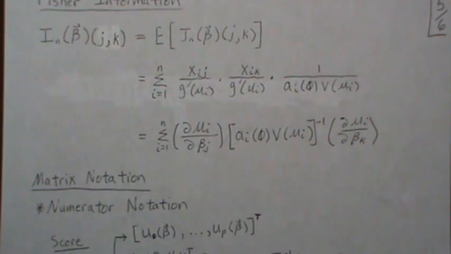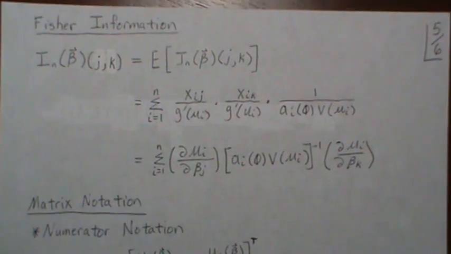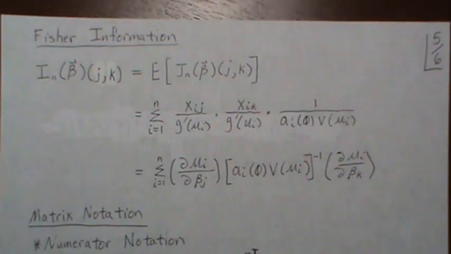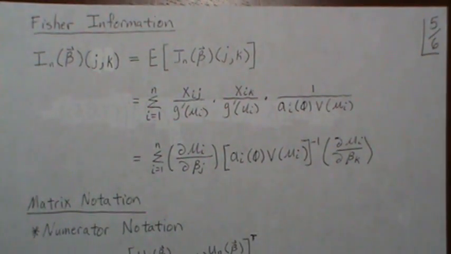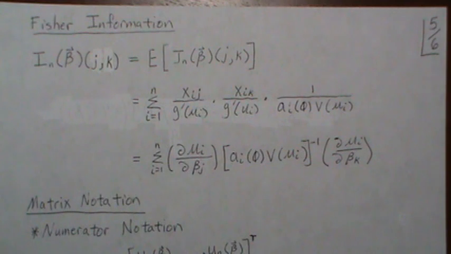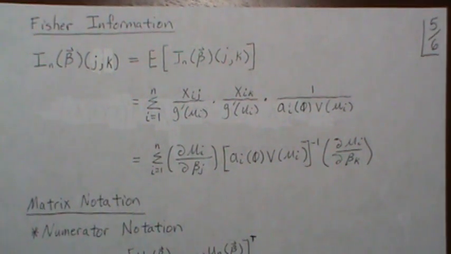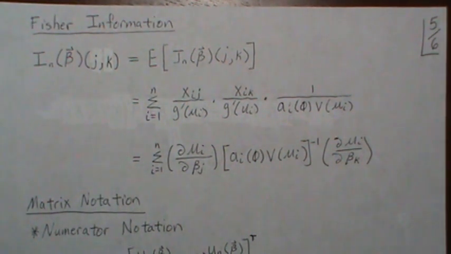Now let's find it in matrix notation. If I can do nothing for the statistical community except make people say, hey, are they using numerator notation or denominator notation, I actually think I've helped out the statistical community. I'm going to say the majority of what we do, we just use numerator notation, but not always. And when we maximize the multivariate normal, we always use denominator notation.